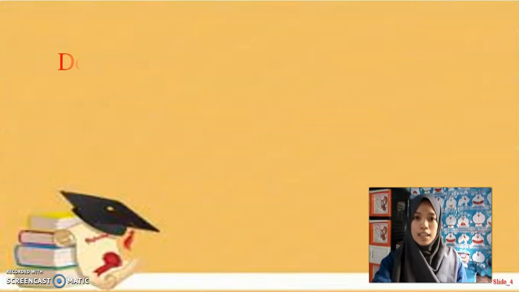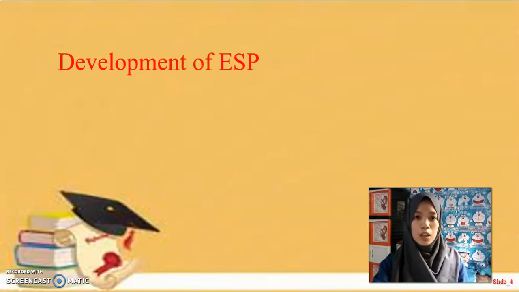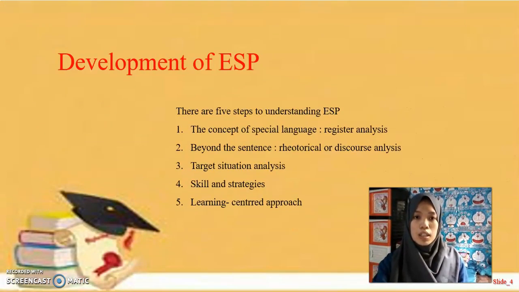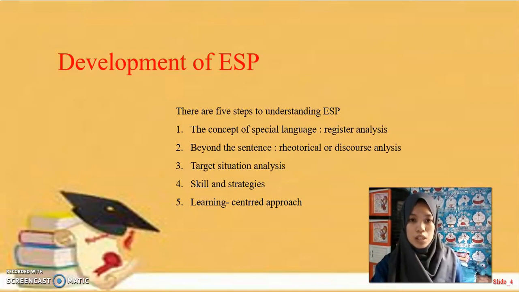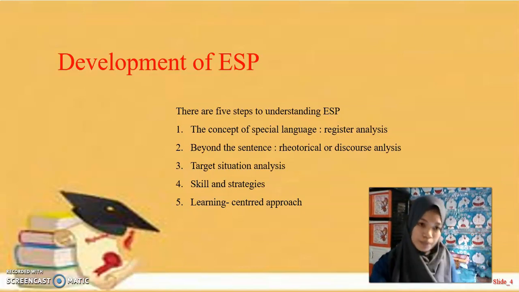And the next material talks about the development of ESP. As we can see on the screen, there are 5 steps to understanding ESP. The first step is the concept of special language or register analysis.